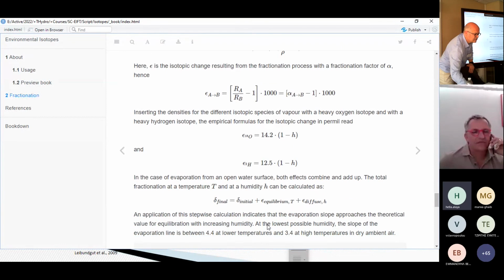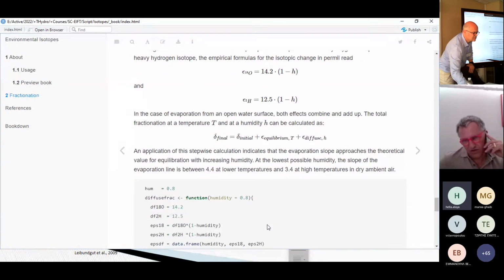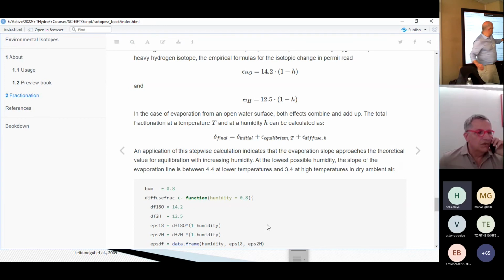And we will do an exercise where we calculate basically the initial delta value, then we calculate the equilibrium value, and then we calculate the epsilon that we get from evaporation to predict the final one. And we do this for oxygen-18 or deuterium, and by doing this, we can create an evaporation line ourselves for different humidities.